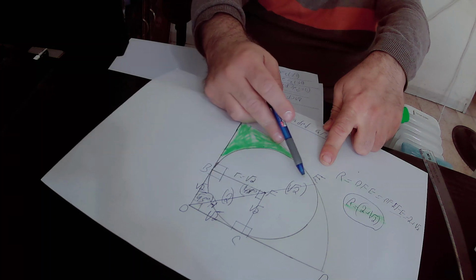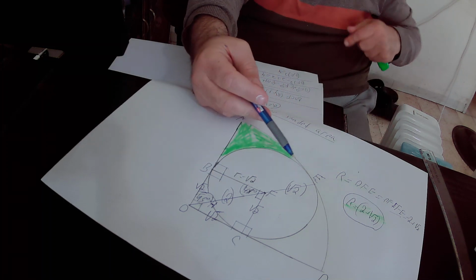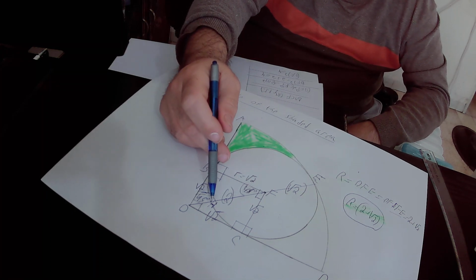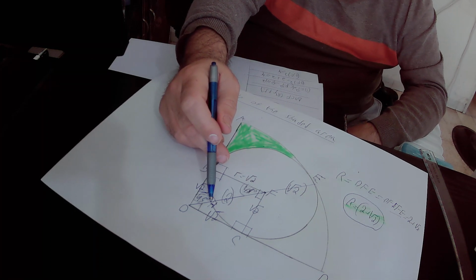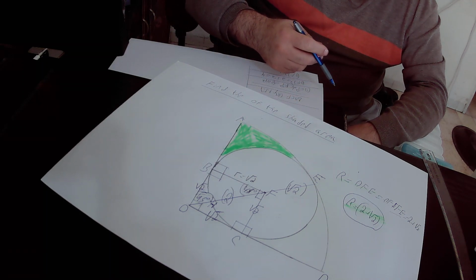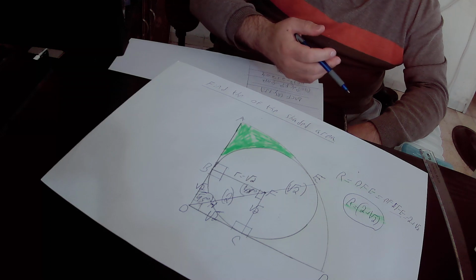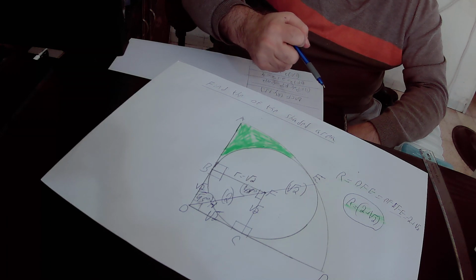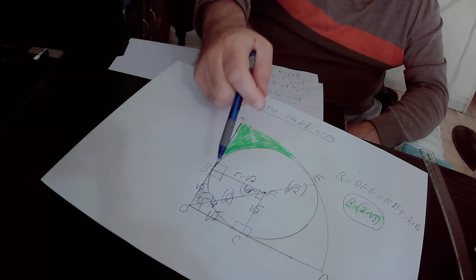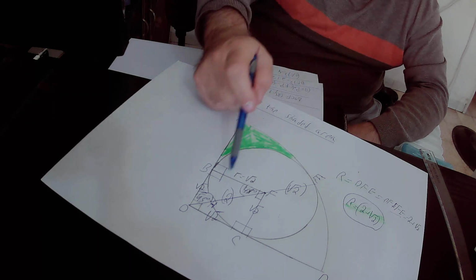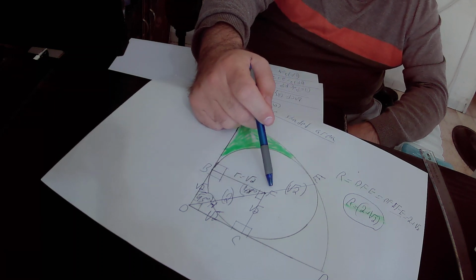So HFE is a straight line that touches the small circle at point H and at point E. Any straight line that touches the circle at 2 points must be a chord. So HE is a chord, and it is a chord that passes through point F.